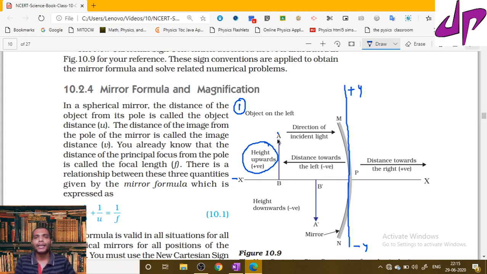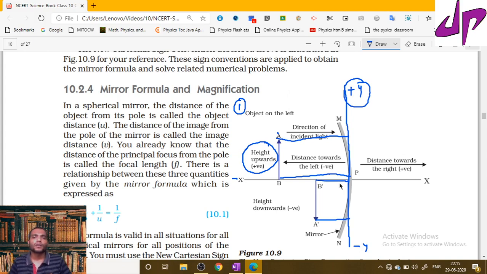We measure height along the y-axis, so this value is positive, because it is the positive y-axis. And height downwards, if you get an inverted image, we measure downwards, along the negative y-axis, as negative.